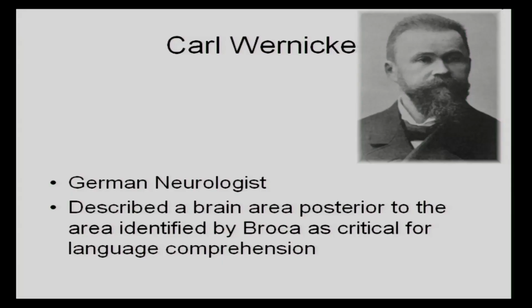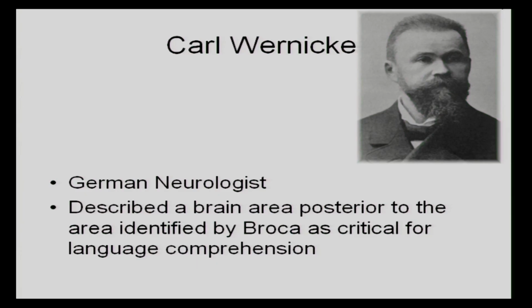Then, a few years later, still in the 1800s, another neurologist, a German neurologist by the name of Karl Wernicke, described a brain area in the same way. A patient came to him. He had problems with language, and the patient died, and Wernicke was able to identify and describe a brain area posterior, but nearby to the area identified by Broca, as critical for language comprehension.